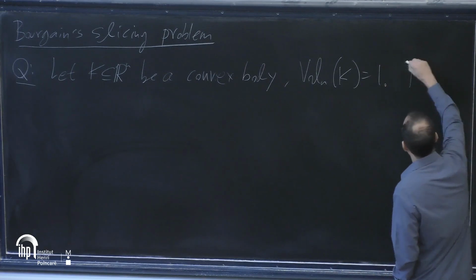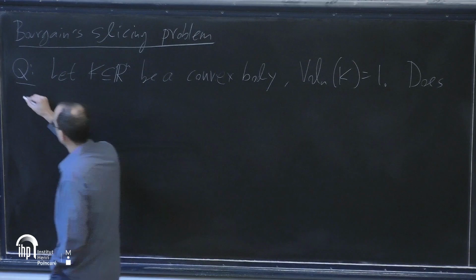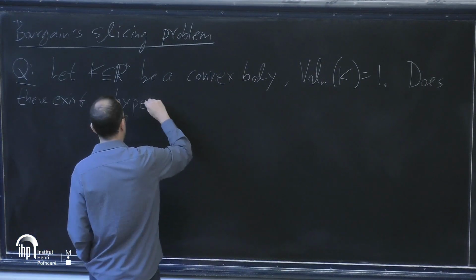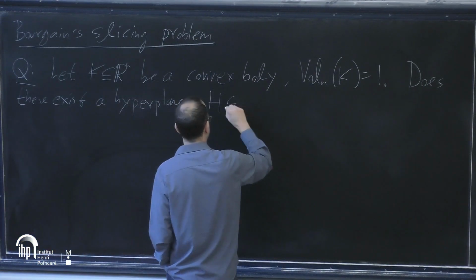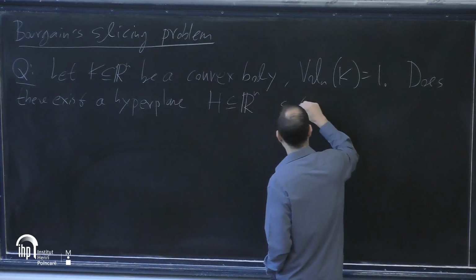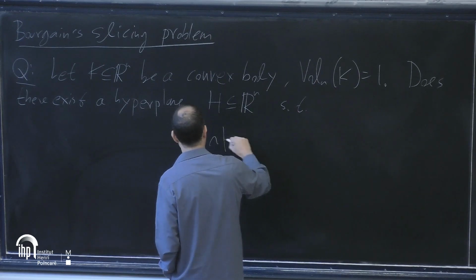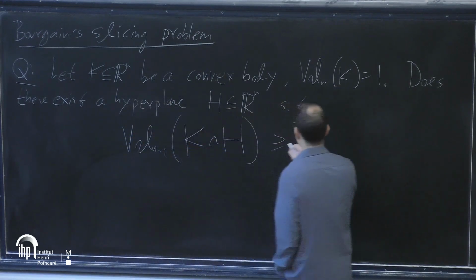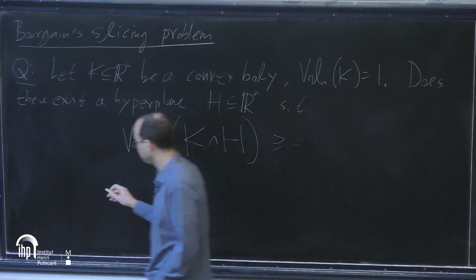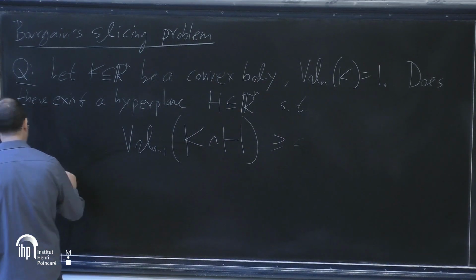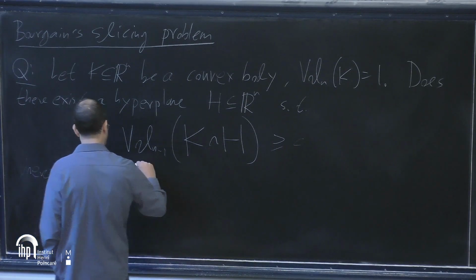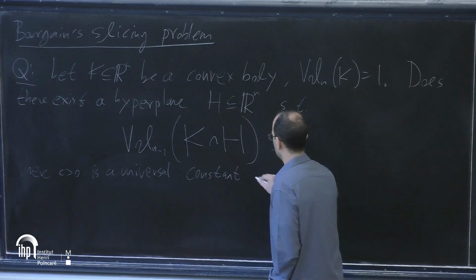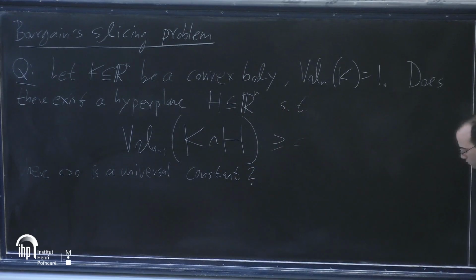And the question is, does there exist a hyperplane H, codimension 1, such that if I look at the intersection of K and H, the volume of the intersection is at least 1/10, or in general, at least a universal constant. Okay, so that's the question.